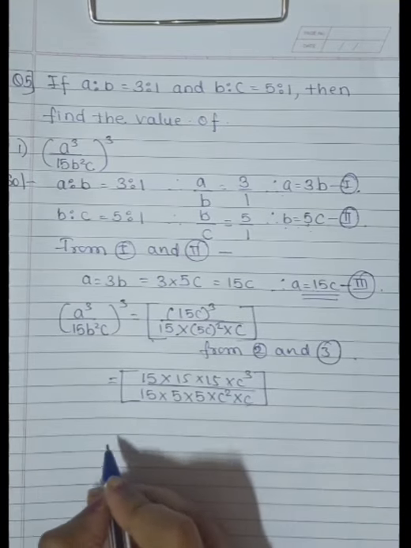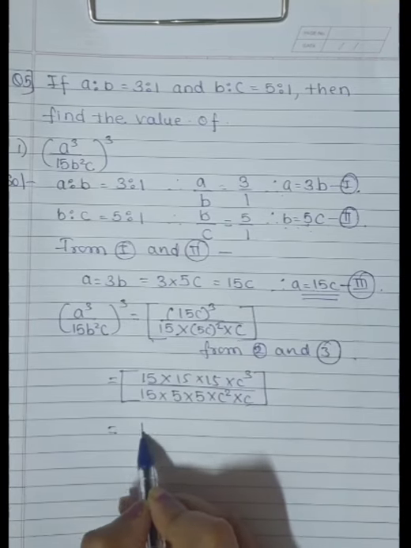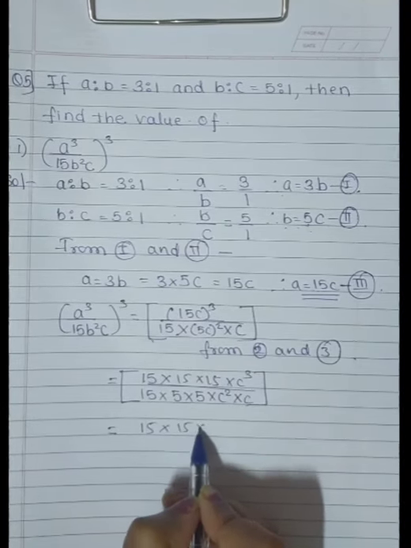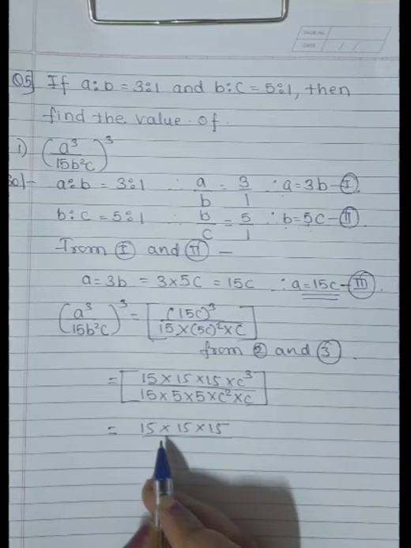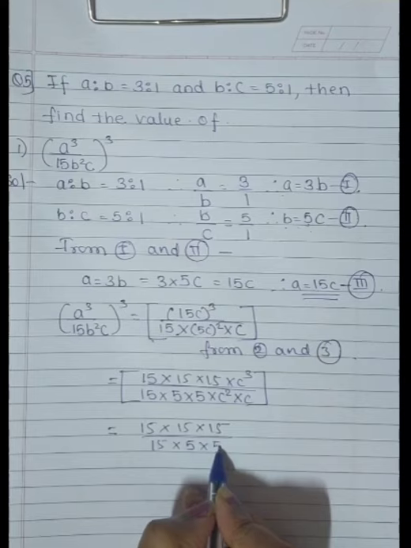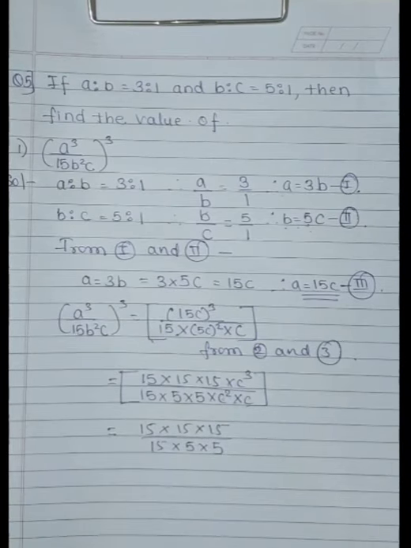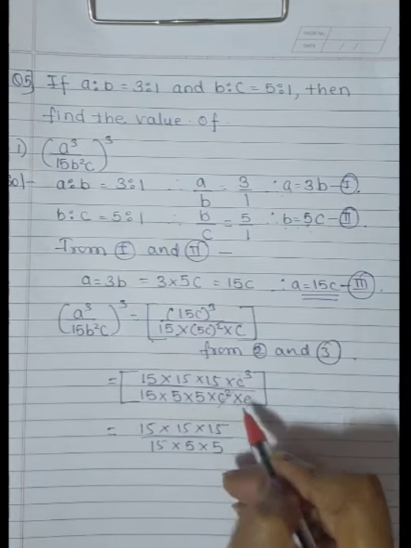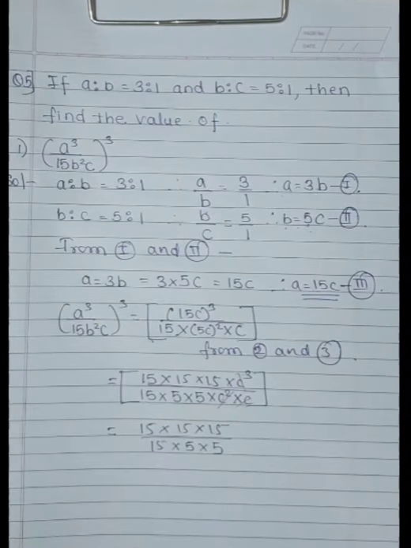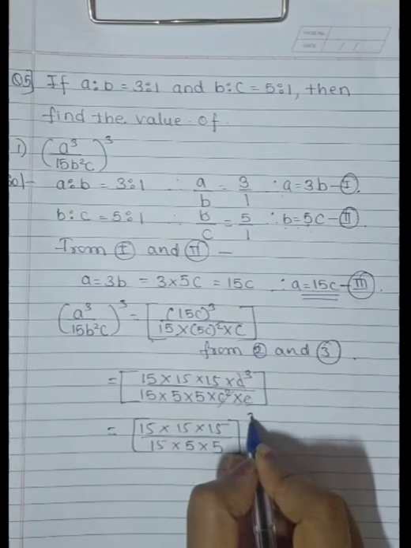Okay. The next step is, 3 15s are given upon 15 into 5 into 5, because it gets cancelled, this gets cancelled, so what remains? This 3, the whole cube, remains.